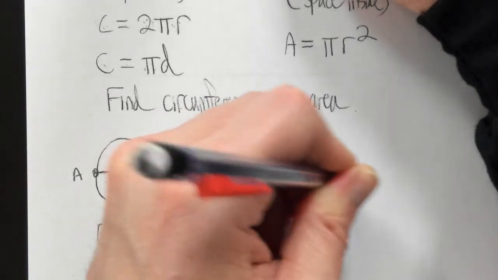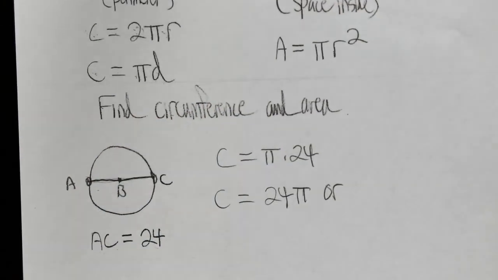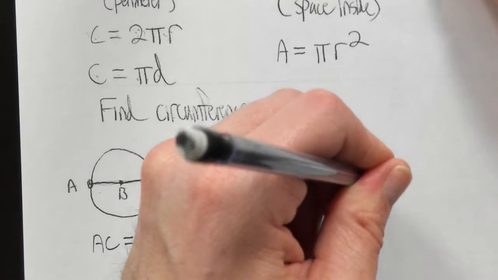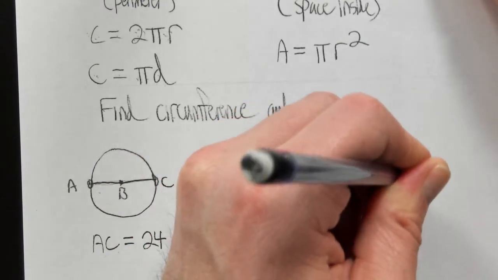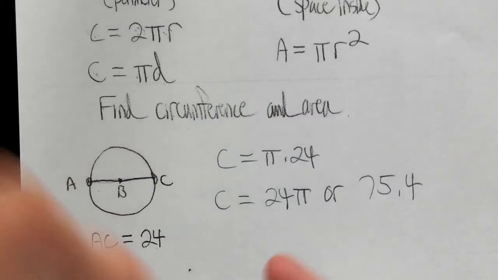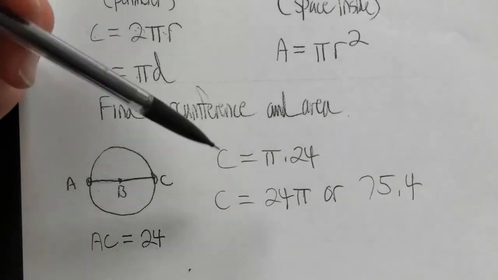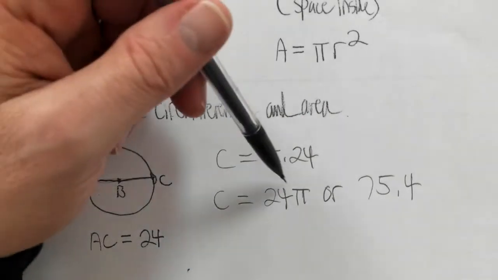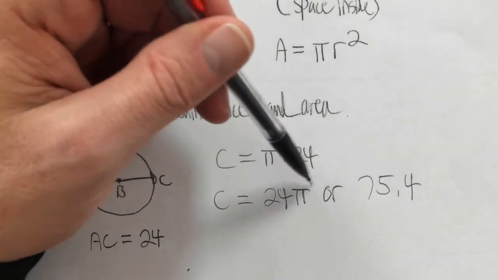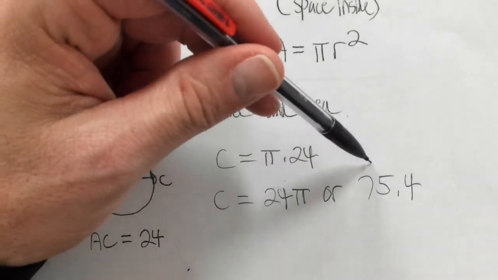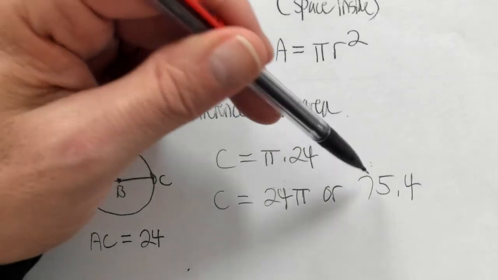Now, you could stick that in a calculator and press enter and get 75.4, depending on how the answer choices are given to you or how the directions ask you to answer. So this is the answer in terms of pi. This is the answer in terms of a decimal. You could see answer choices either way.